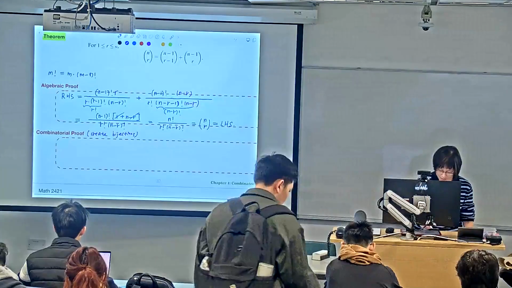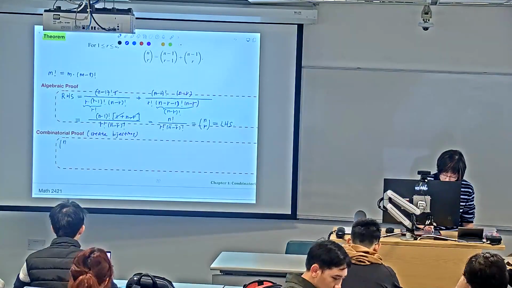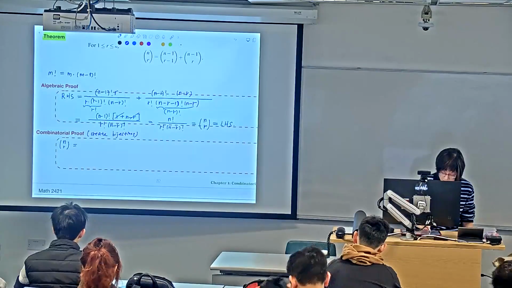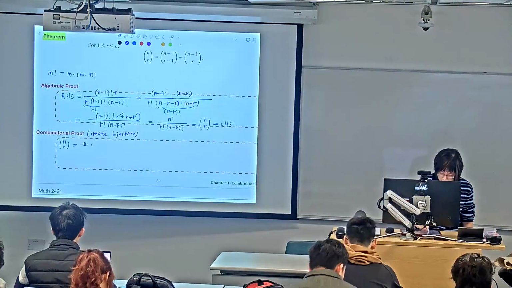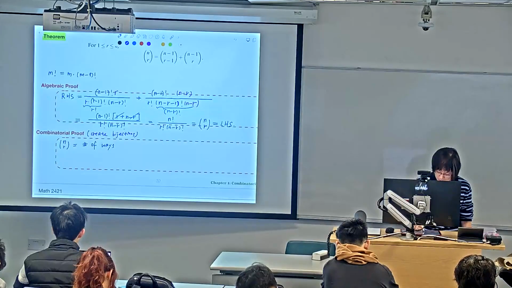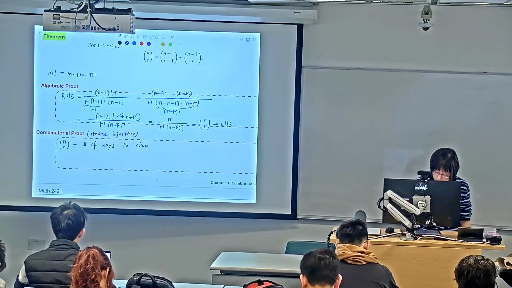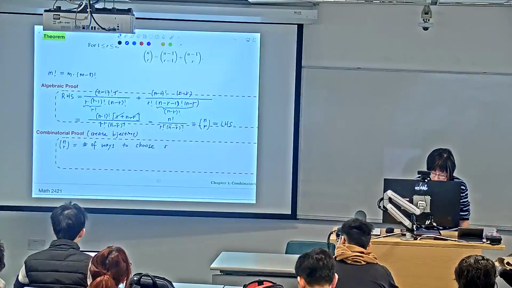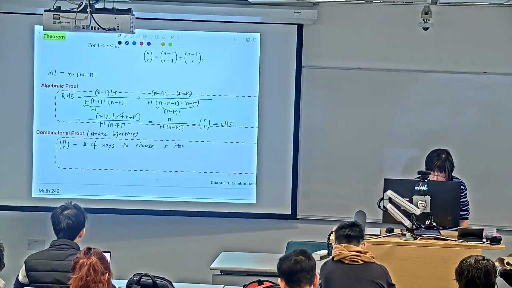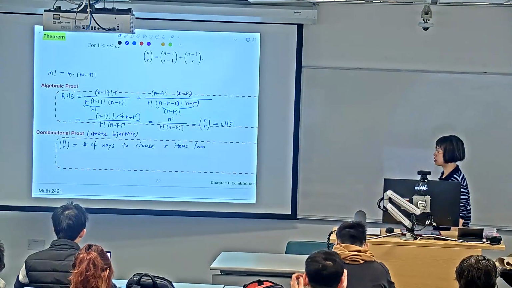So the left-hand side, n choose r, we know the meaning of this binomial coefficient. This is the number of ways to choose r atoms from n distinct objects.